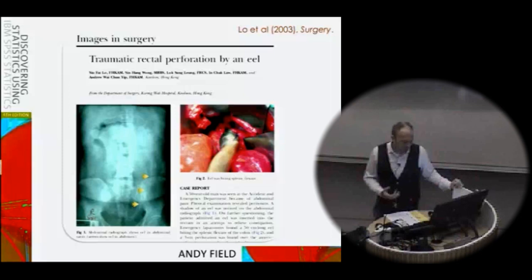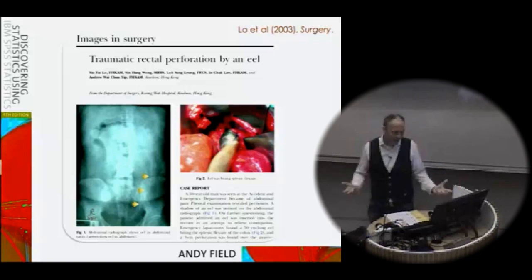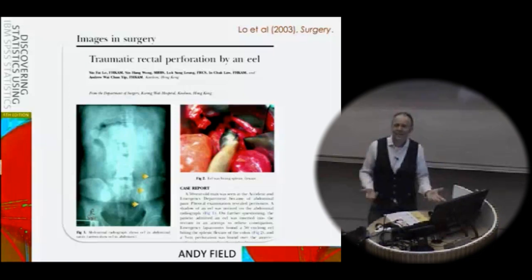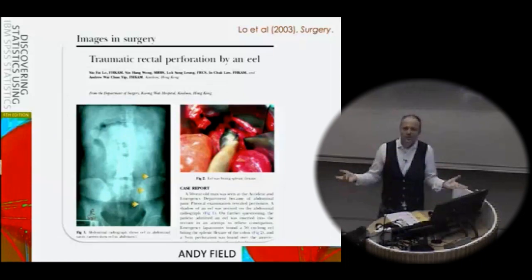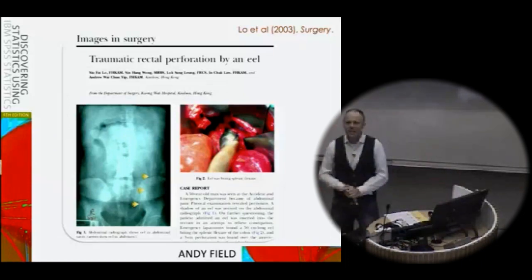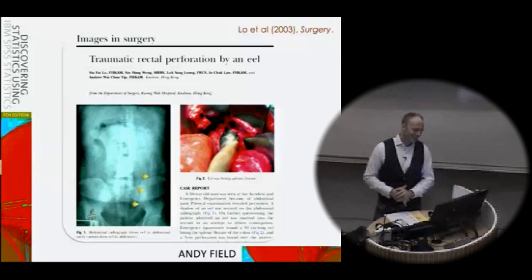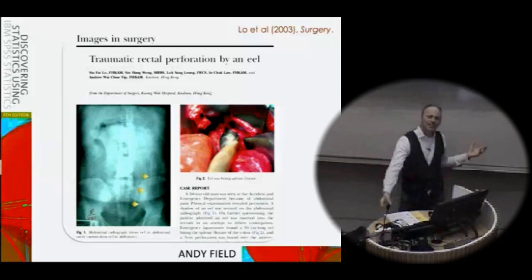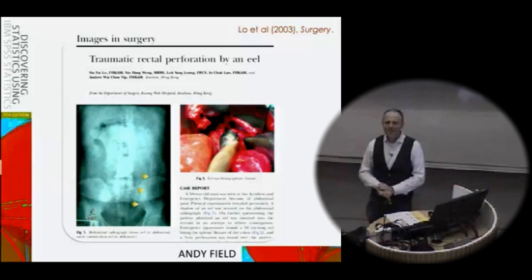Now, personally, I feel quite sorry for the eel because I like animals, even eels. And I think the eel is probably swimming around in the morning thinking, nice day, nice water. I'm an eel, I don't have a job, I don't have to worry about homogeneity of variance. What could possibly go wrong? And then the 50-year-old hand comes in and it's like, oh, where am I? I'm in a dark tunnel.